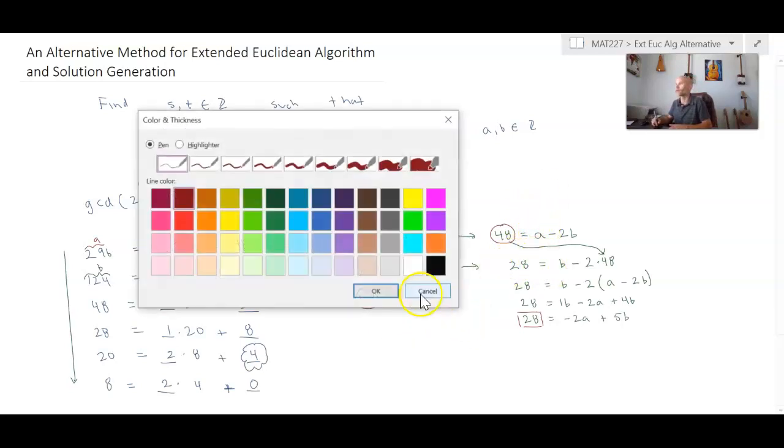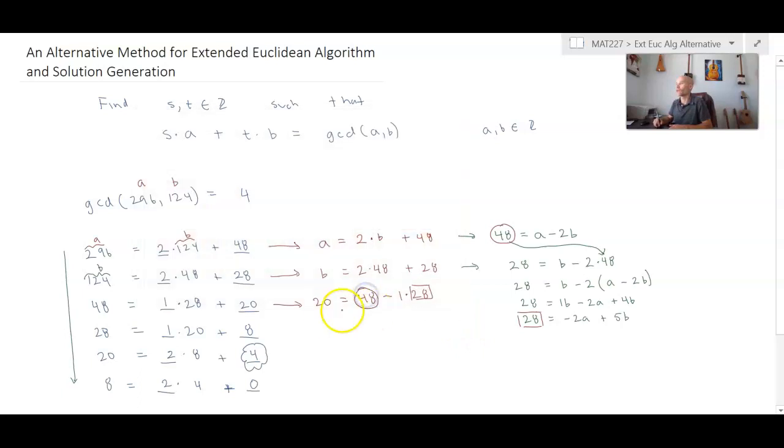Okay, so here we go. Let's get back at it. So 20, maybe I'll go ahead and write this down here. 20 is equal to 48, which is a minus 2b, minus 1 times 28, which is negative 2a plus 5b.